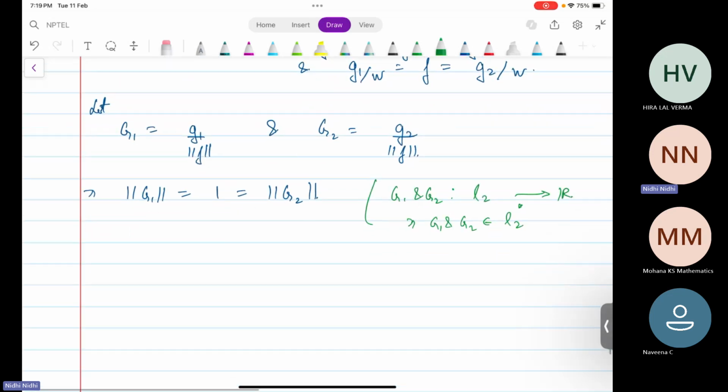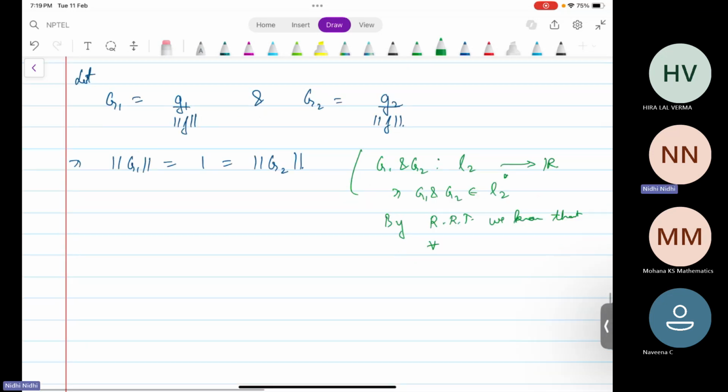And by the Riesz representation theorem, we know that for every functional f in L2 star, there exists some Vf in L2 such that f at u is the inner product of u with Vf, for every u in L2. Or we can say directly that the dual space of L2 is equal to L2.